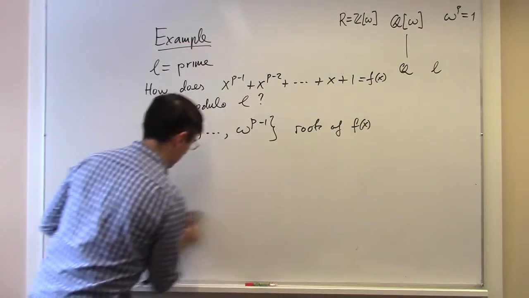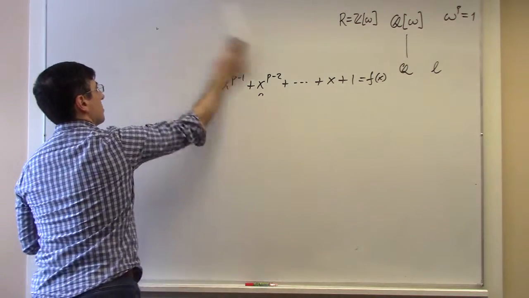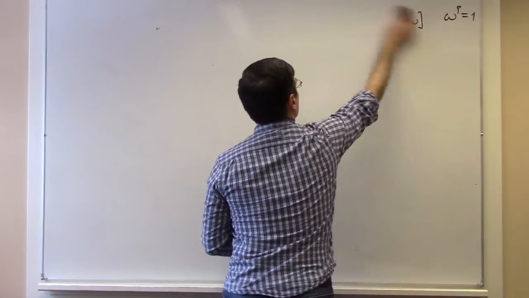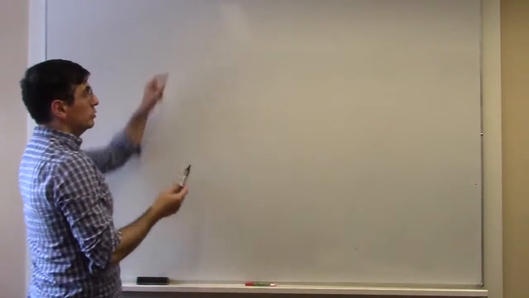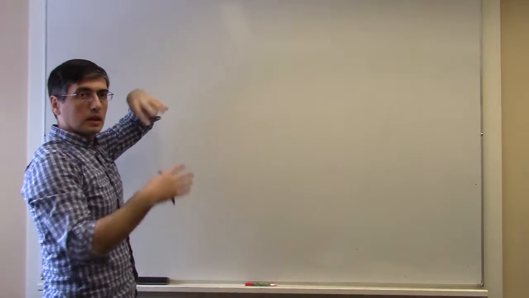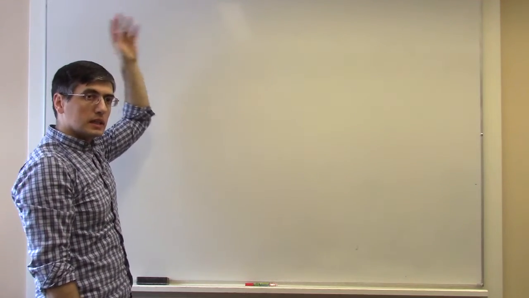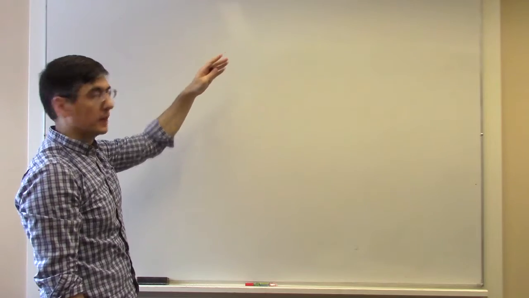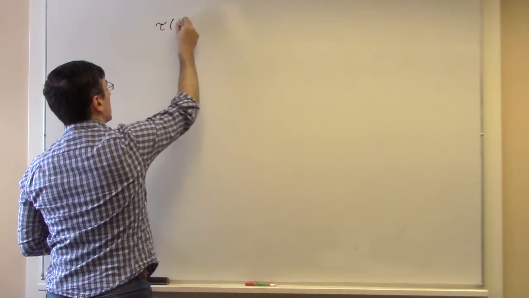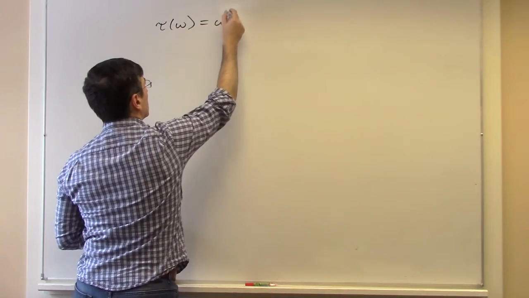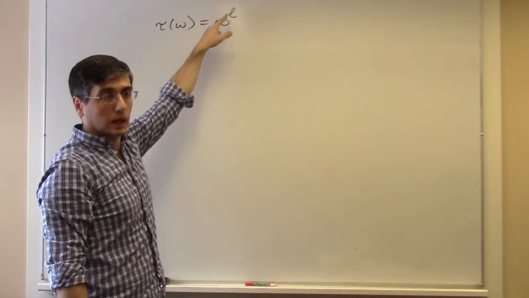So let me do this more explicitly. All the roots, all the omegas, are indistinguishable from each other because each of them is a primitive root. Now I take my tau and apply it to omega. I get omega^L. Now, what is this omega^L?